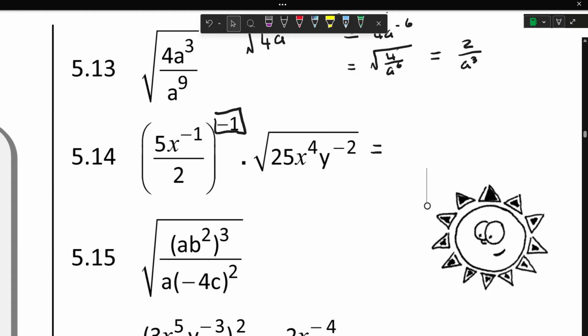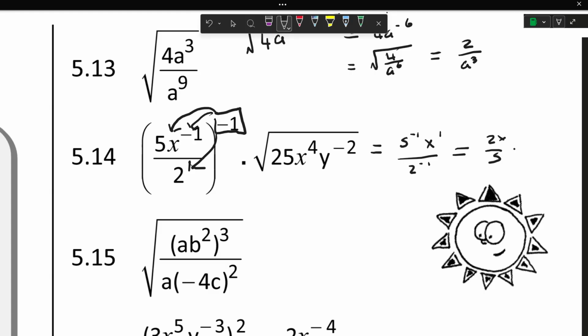We can multiply this exponent in, so it'll be 5 to the negative 1, x to the positive 1 over 2 to the negative 1. Because remember there's the rule where you have to distribute like this, and it goes onto everything and you multiply it because it's on the outside of the brackets. So what we're going to do is just swap that 2 and that 5, and we're going to say 2x over 5.